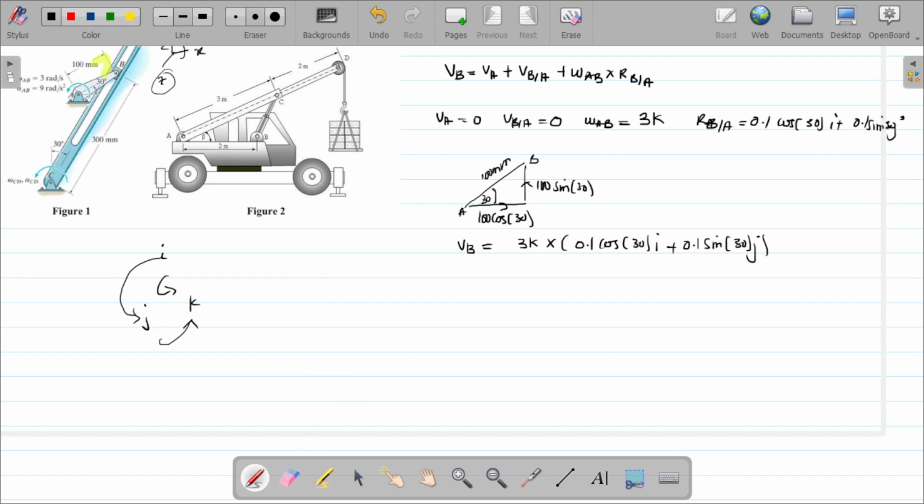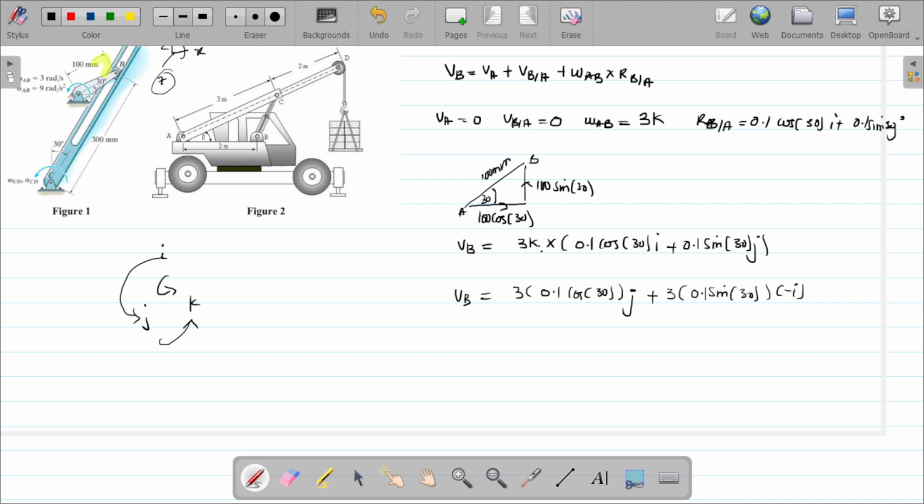We're going to have VB equal to 3 times 0.1 cos 30, and then k cross i. K cross i will be j, right? And then plus 3 times 0.1 sine 30, and then k cross j. K cross j will be negative i.